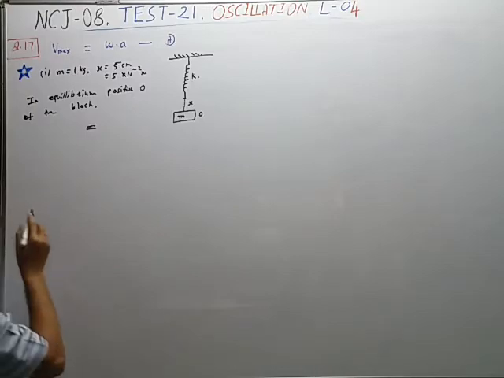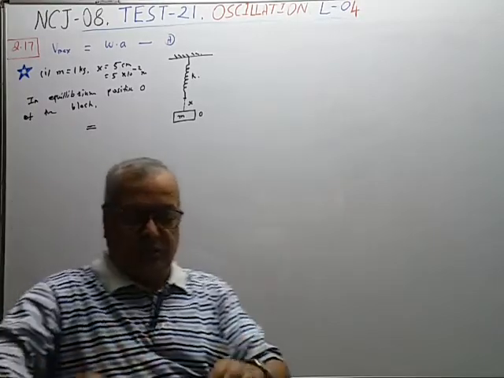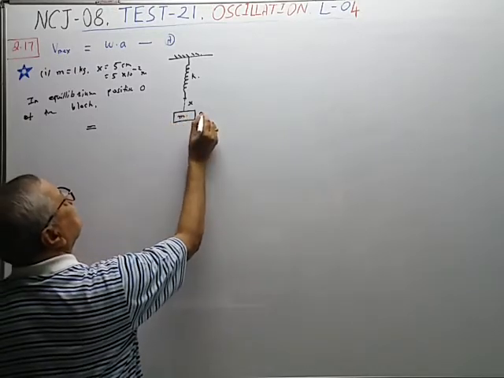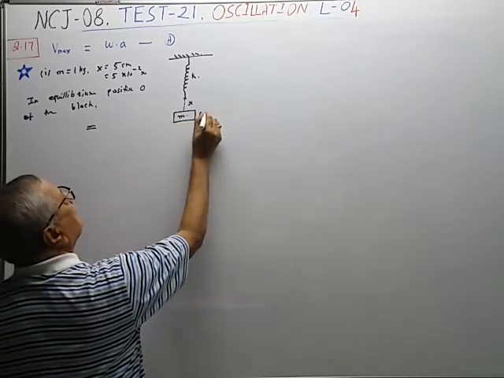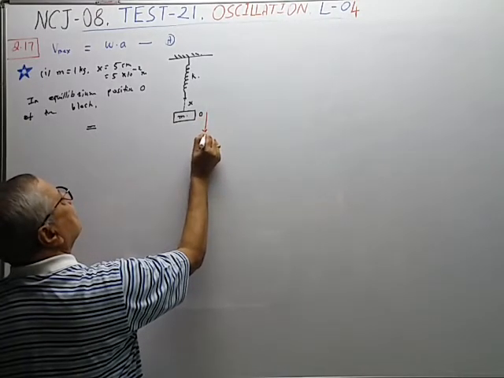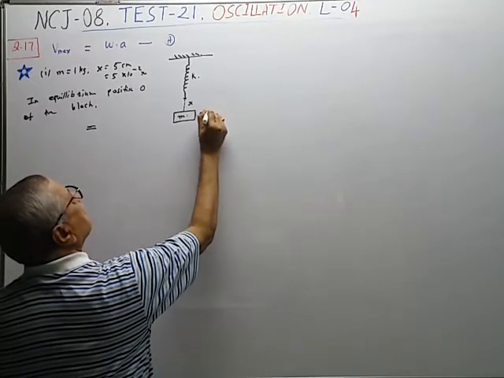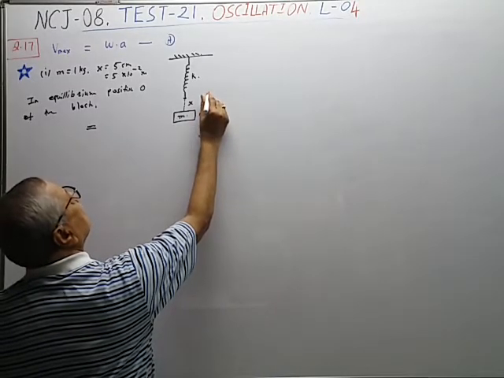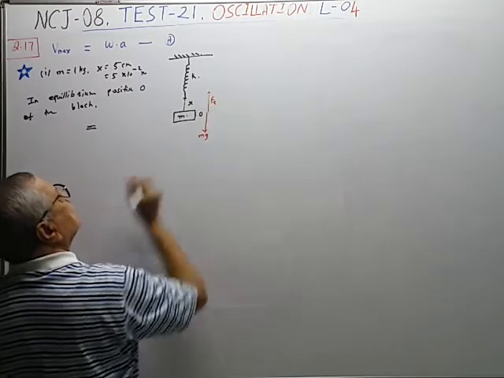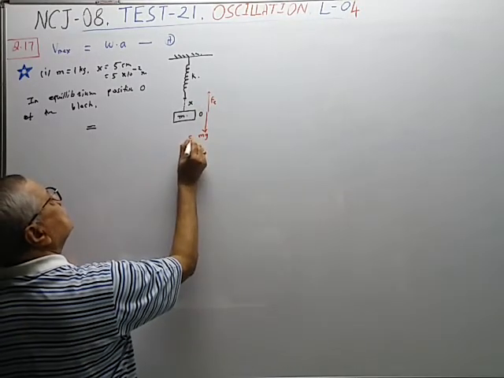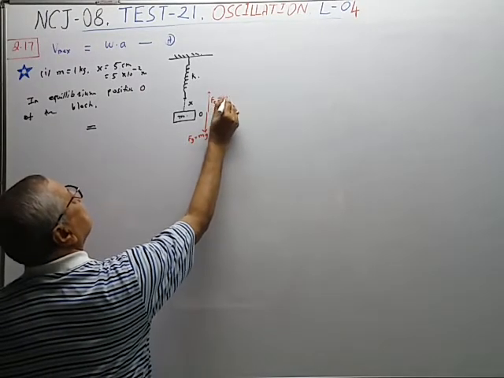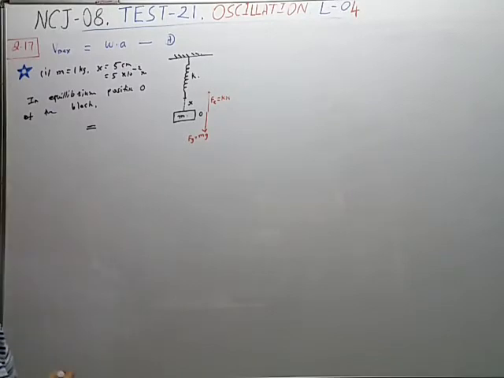So which are the two forces? One force is mg, acting vertically downward, and the other force is Fe, the force due to the elasticity. This is Fg, the gravitational force. This is equal to Kx, where x is the elongation.